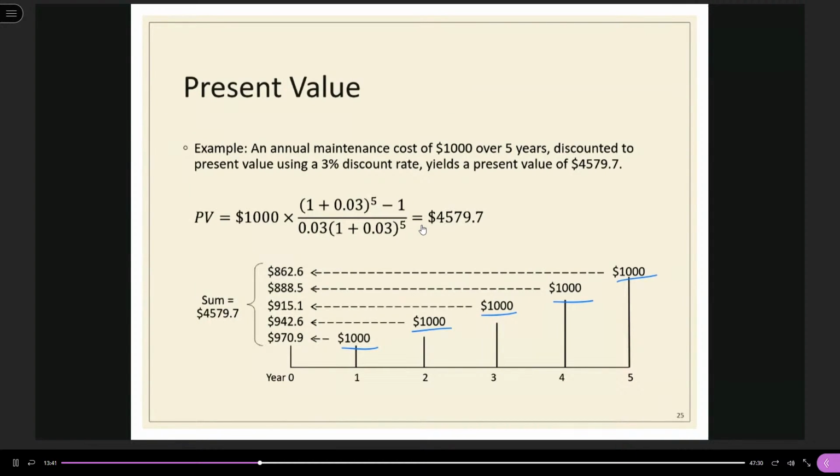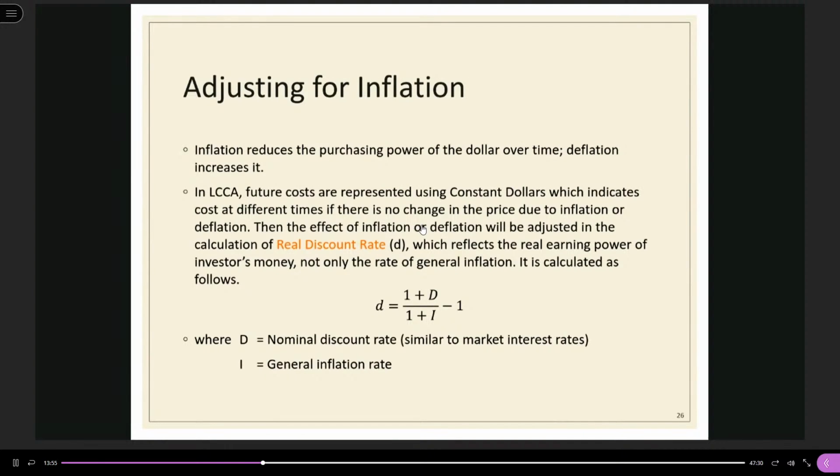So today you pay $1,000 for the energy, and 5 years later you also pay $1,000 for the energy because there is no change due to inflation. But in fact, there is inflation or deflation, right? So we have to calculate the real discount rate.